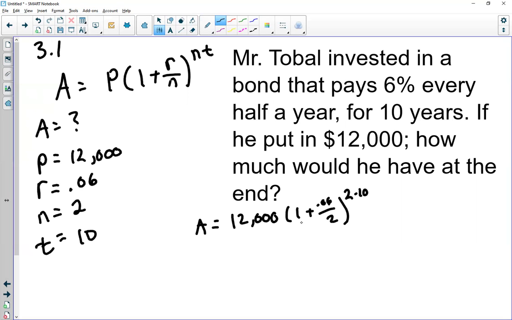The 2 is how many times it happens per year. And since the question says every half a year, that happens twice a year. Since it's money, you will go 2 decimal points. Your final answer should be 21,673.33.